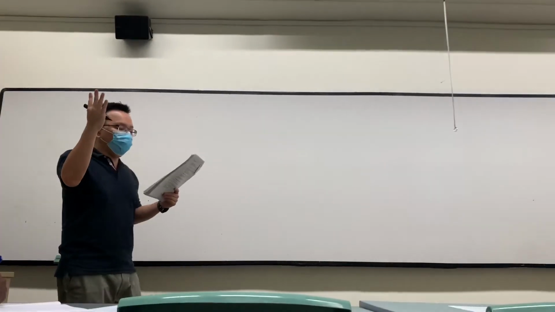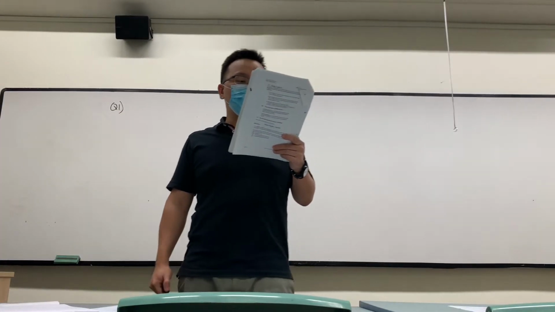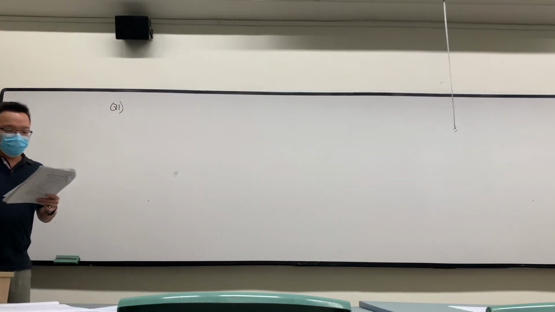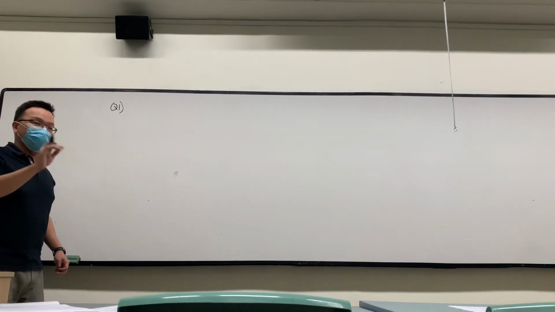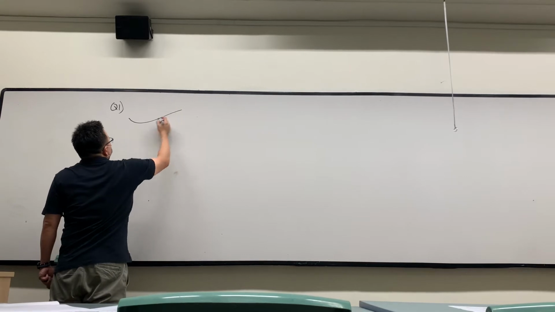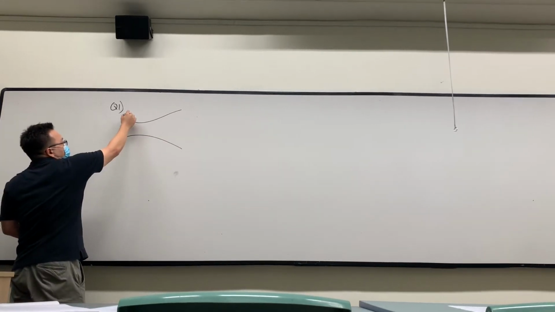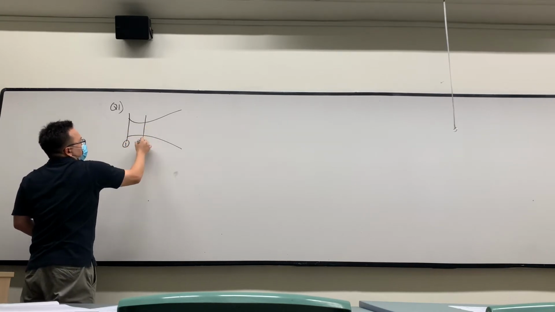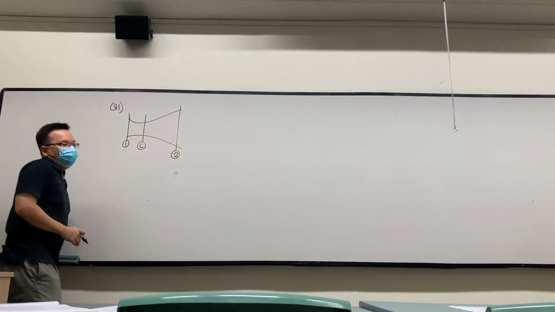Okay, question 1. Superheated steam at 25 bar, 400 degrees, expands isentropically to a back pressure of 0.5 bar. Calculate the velocities at the throat and exit, and so forth. So what I recommend you do is draw out the convergent-divergent nozzle and label it.